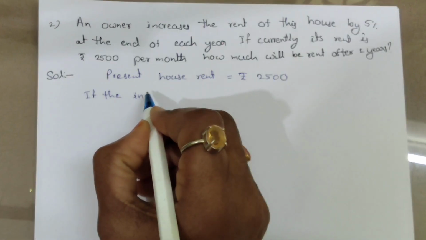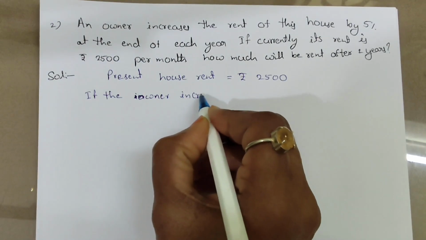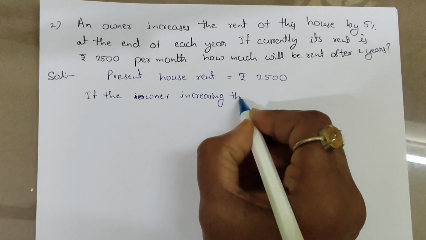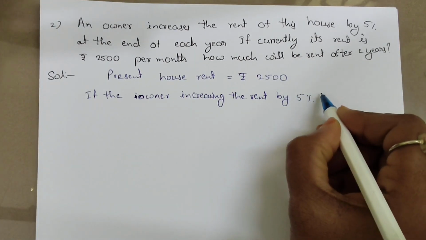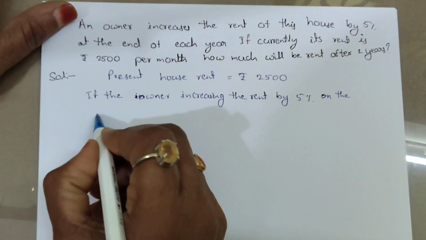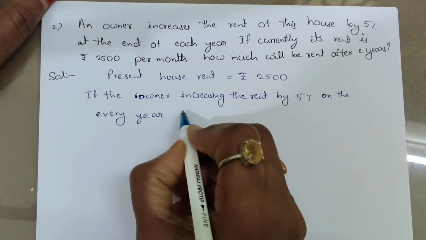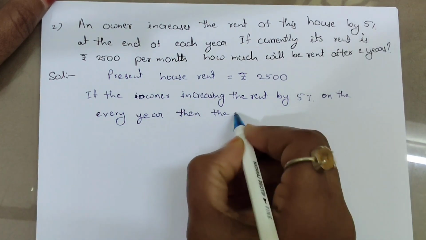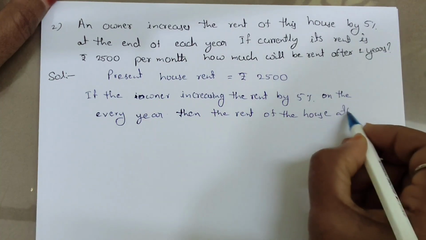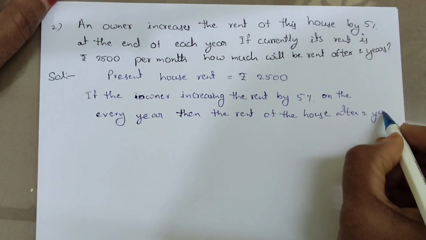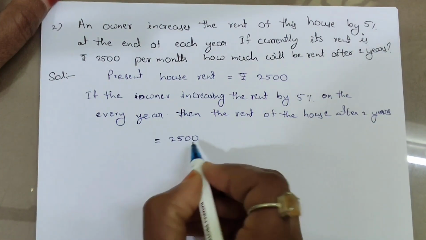If the owner is increasing the rent by 5% every year, then the rent of the house after 2 years. After 2 years, we write 2500 is the present rent.